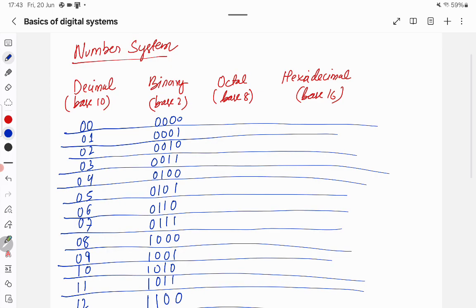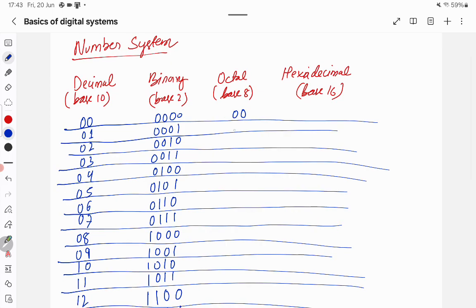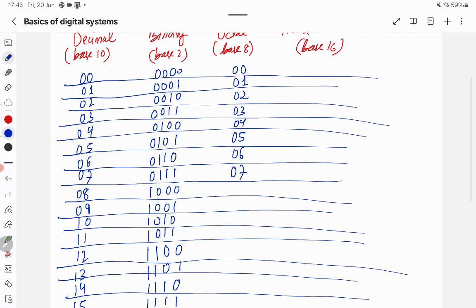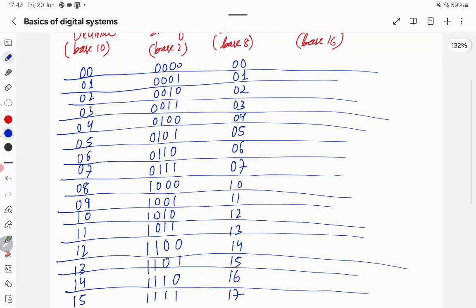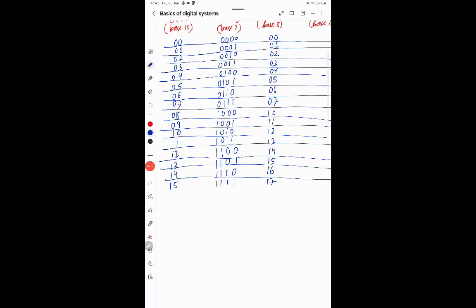Okay, if you look here, 00 can be written as 00, then 01, then 02, 03, 04, 05, 06, 07. Till the decimal number 7, we will write it as 7. But from 8 we will write 10, 11, 12, 13, 14, 15, 16, 17. So this is the representation of the octal number system.